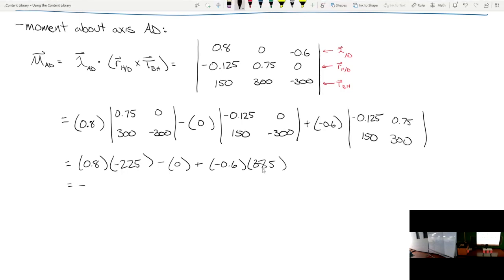Okay, so if that's right, that means this is wrong. Whoops, I hit the eraser. So what goes in here? Yep, that's what I got. So, seconded.